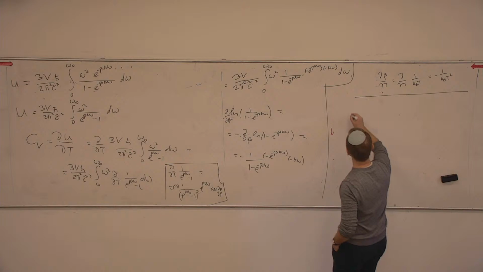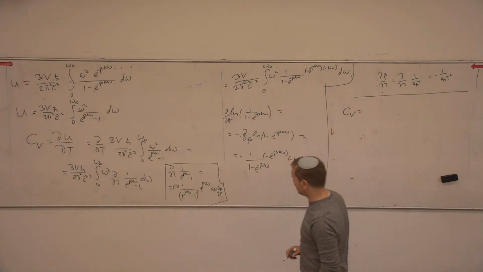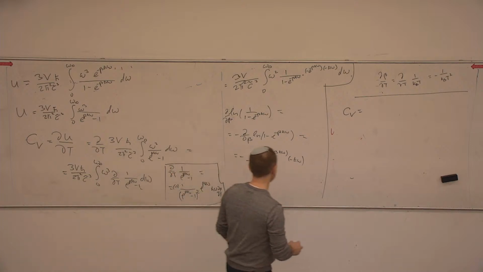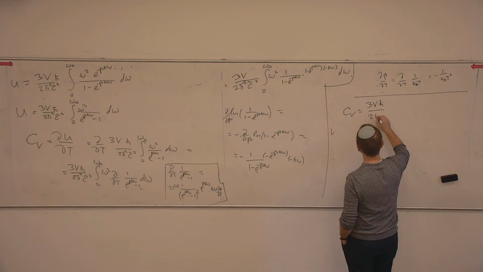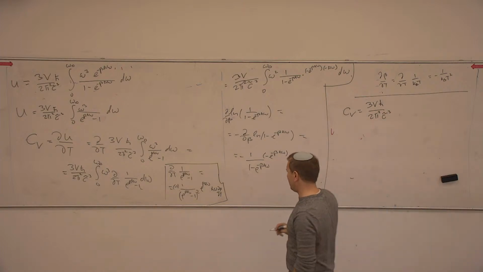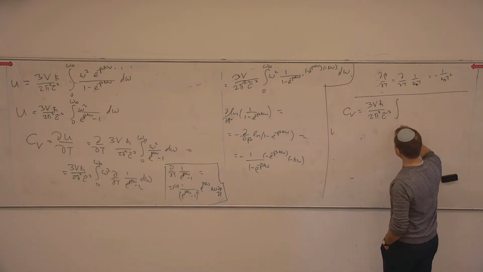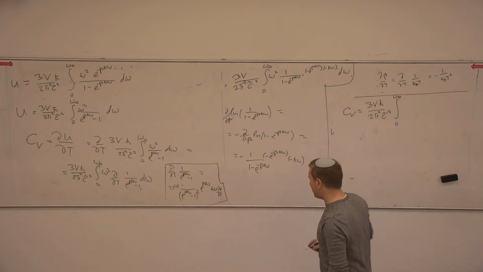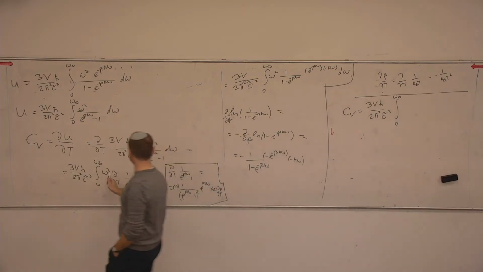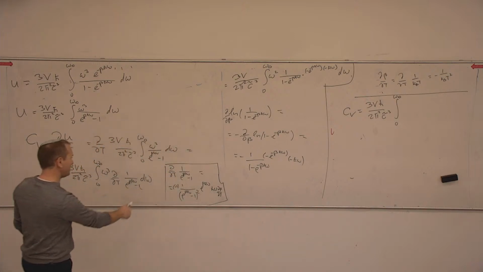So C_V equals, we have a lot of junk here, 3V h bar over 2 pi squared c tilde to the third. Now inside the integral from 0 to omega_D, we have omega to the third. We have omega and we have h bar.